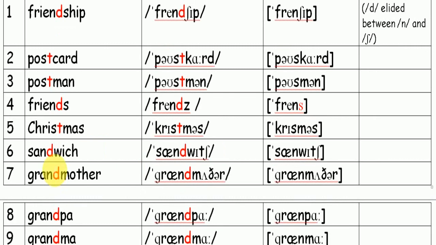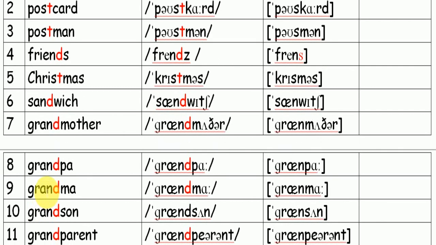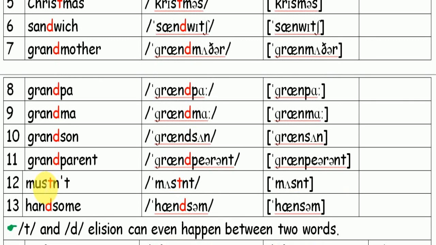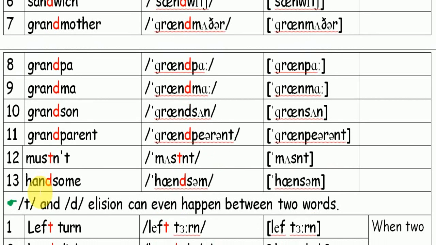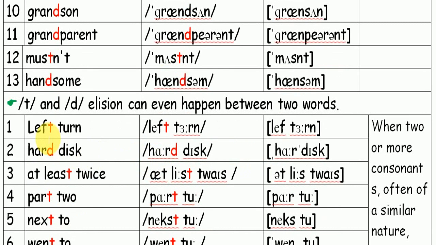Christmas, sandwich, grandmother, grandpa, grandma, grandson, grandparent, muscle, house. T and D elision can even happen between two words.